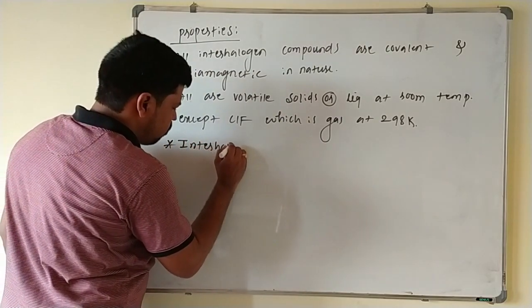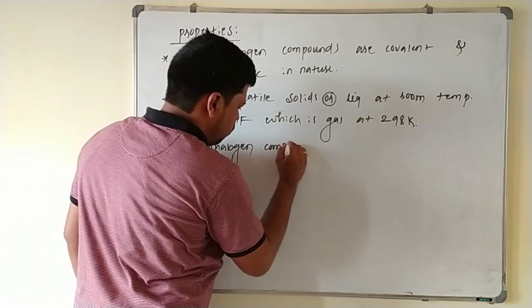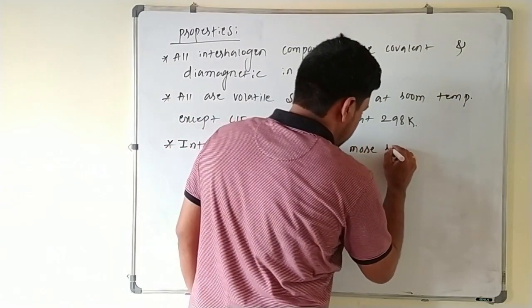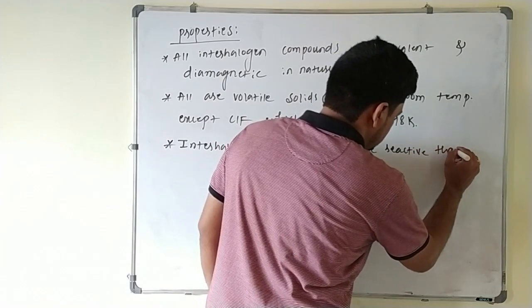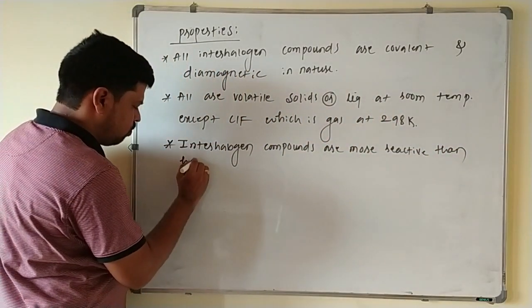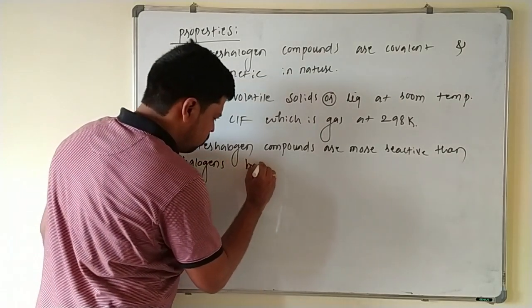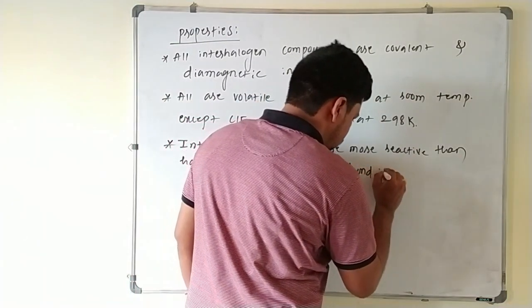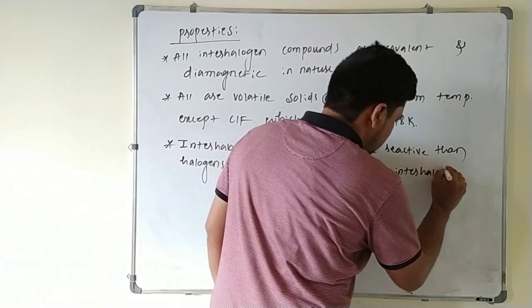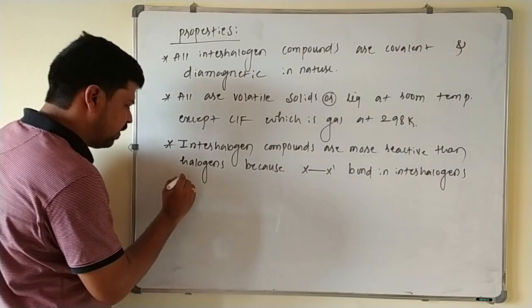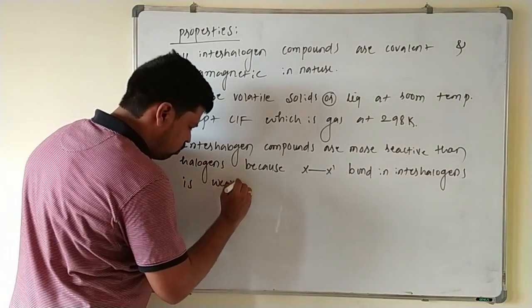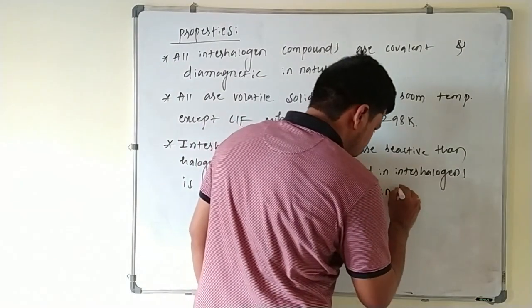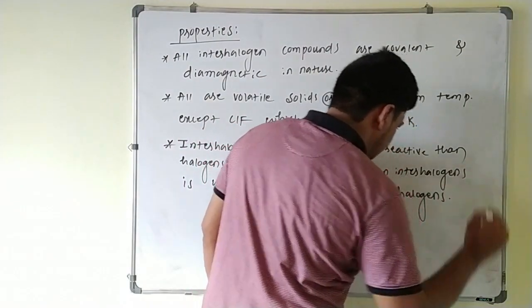Next point, interhalogen compounds are more reactive than halogens because the X-X' bond in interhalogens is weaker than the X-X bond in halogens.